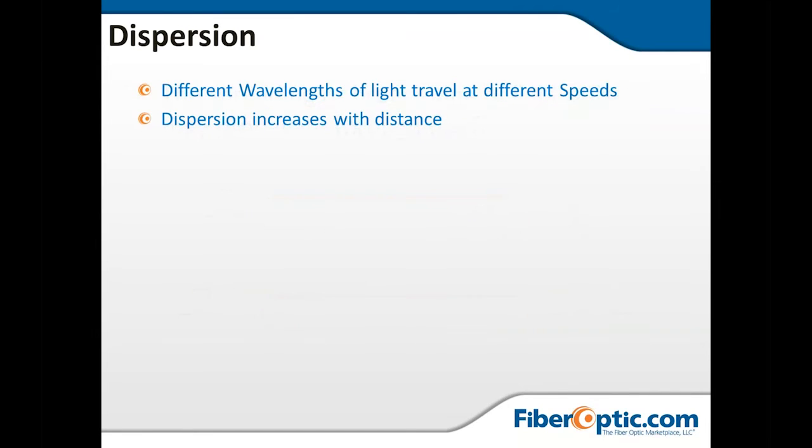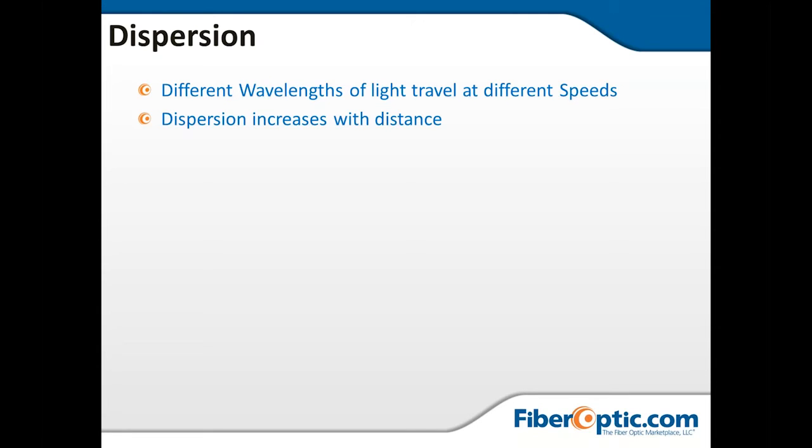One of them is chromatic dispersion, which is a combination of material dispersion and waveguide dispersion. The part that we're going to talk about most is the part that involves wavelengths. The different wavelengths are going to propagate through the fiber at different velocities.